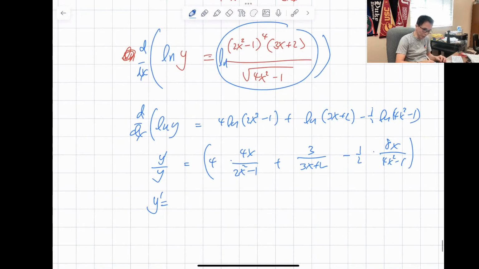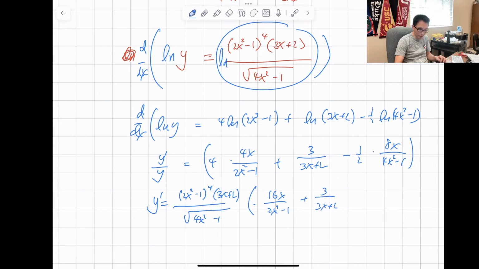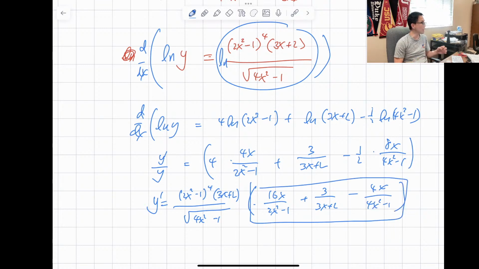Y is equal to 2x squared minus 1 to the 4th, times 3x plus 2, over the root of 4x squared minus 1, times 16x over 2x squared minus 1 plus 3 over 3x plus 2 minus 4x over 4x squared minus 1. But you have to put this in parentheses. Last year, I wasn't that strict. This year, if you don't have parentheses, I'm going to mark it wrong, because that y multiplies the whole thing.